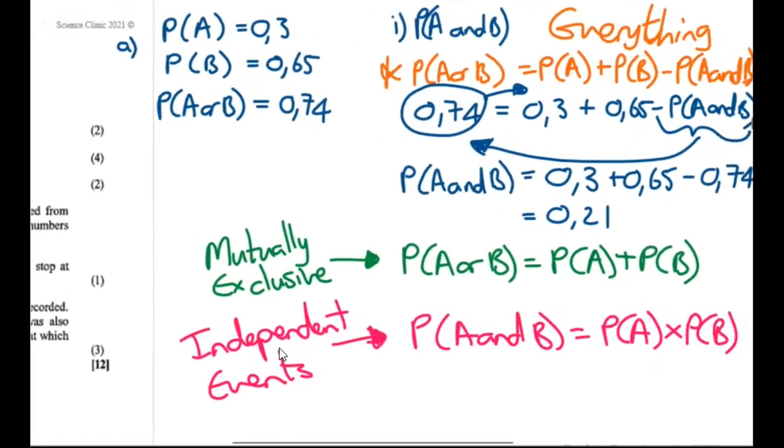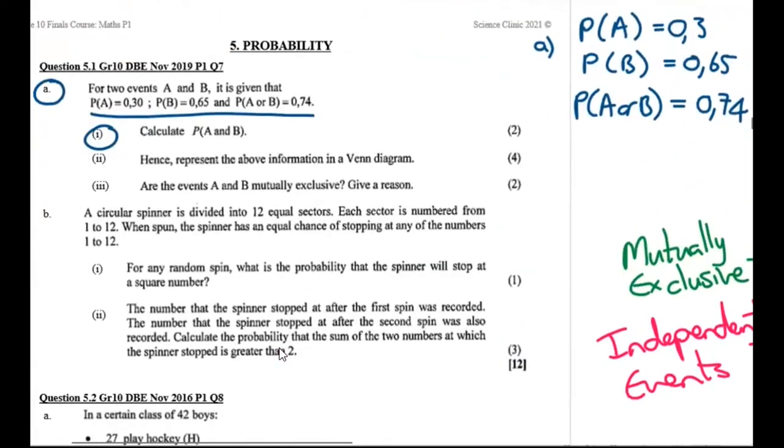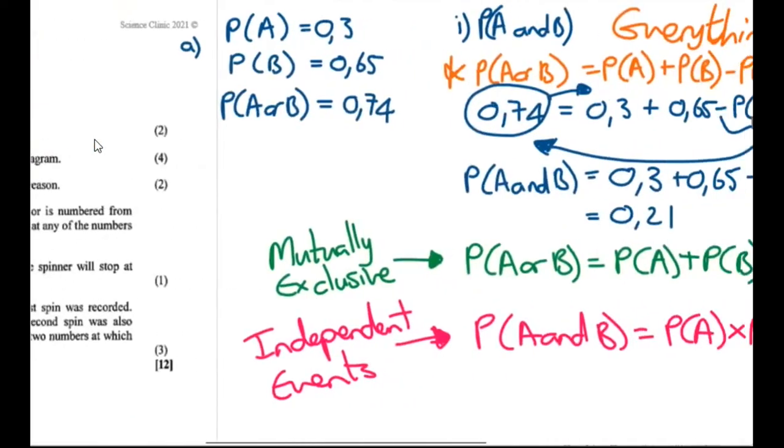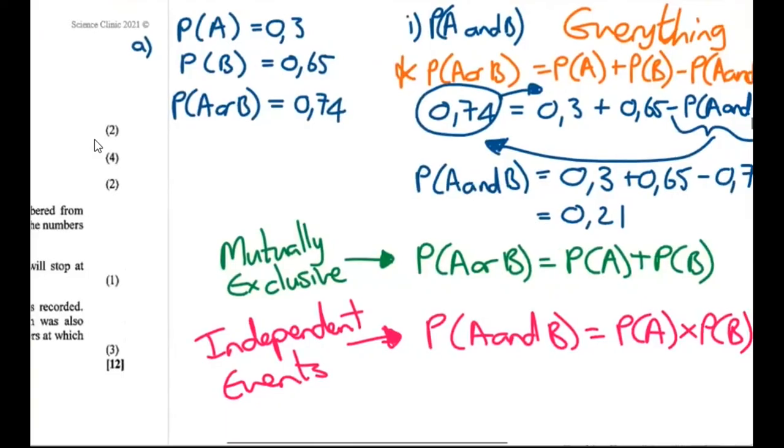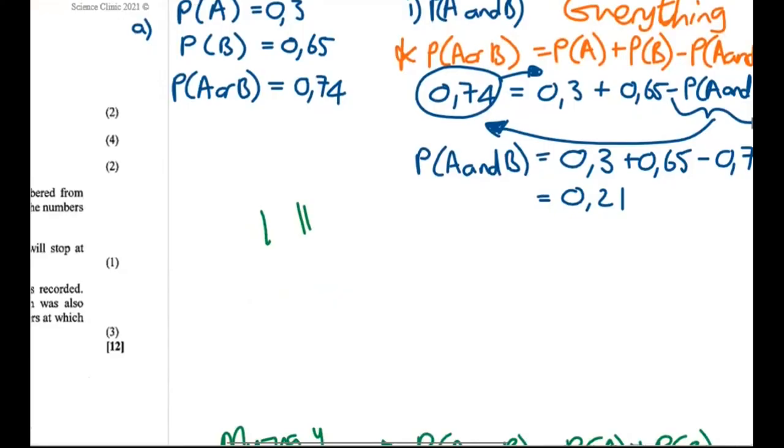The next thing they asked us was, hence represent the above information in a diagram, a Venn diagram, sorry, not just any diagram. So now we're going to represent this in a Venn diagram. Let me quickly make some space here and move that stuff down.